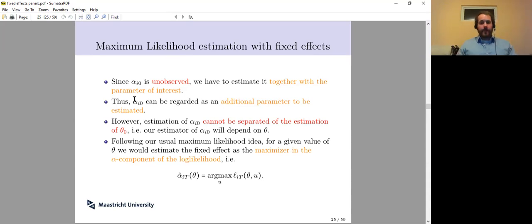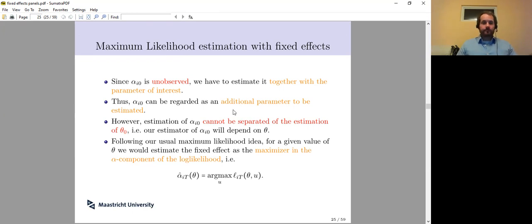Alpha in our interpretation is always a random variable. It captures all the individual specific characteristics that may be relevant and that do not vary over time and that are unobservable.